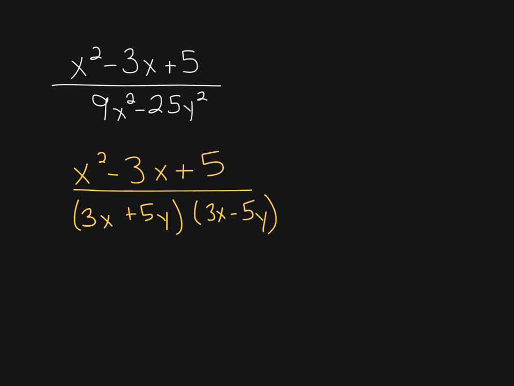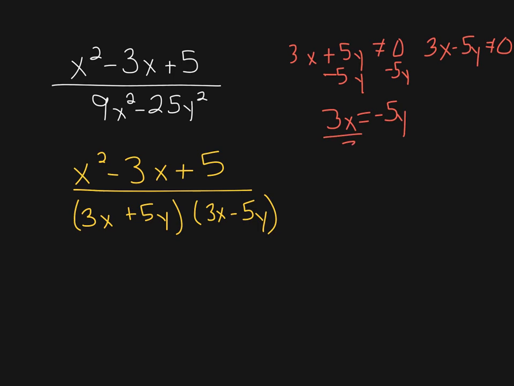All right, now to find our excluded values. 3x plus 5y cannot equal 0. And 3x minus 5y cannot equal 0. So subtract 5y. 3x cannot equal negative 5y. Divide by 3. And again, that division turns into a fraction.